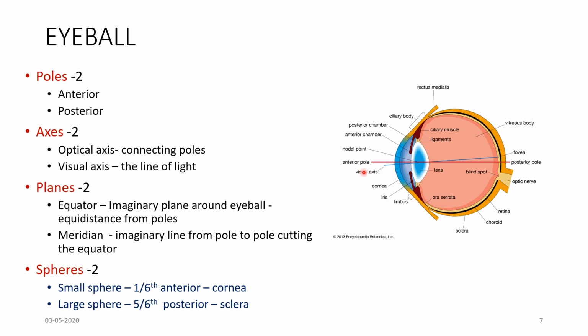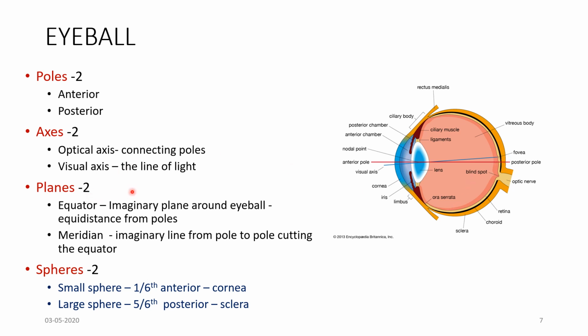The other one is the visual axis, the axis through which the light rays pass towards the fovea in the posterior part of the eyeball, which you will learn when we are discussing the retina. At that point, you can learn about the blind spot or optic disc and the fovea.